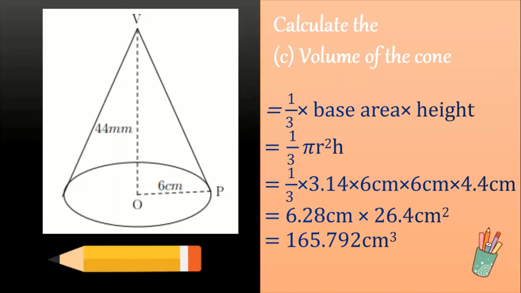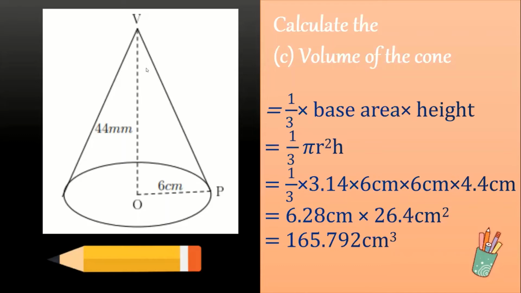Yes, what you have said is very right. But my advice would be, whenever you use 3.14, there is an error. You will get a small error, so you are going to be within the range. Someone who has used 3.14 and someone who has used 22 over 7, your answers must be very close. So if your answer is not 165 point something, it means there is something you have not done right.